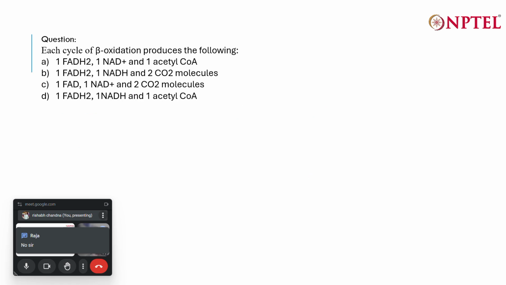Each cycle of beta oxidation produces the following. So what can be the correct answer?